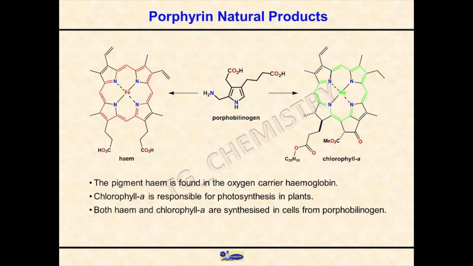Now the pigment heme is found in the oxygen carrier hemoglobin, and chlorophyll A is the component responsible for photosynthesis in plants. Both of these are synthesized in cells from porphobilinogen. That means that porphyrin rings and those molecules can be easily synthesized by means of pyrrole-based substrates.